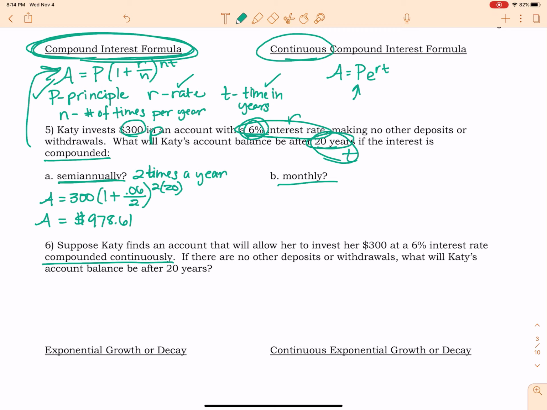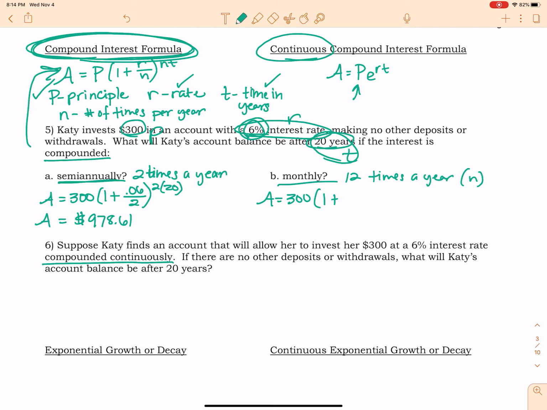All right. If it's monthly, there are 12 months in a year, so this is going to be 12 times a year. This is the N. I'm still dealing with the same information otherwise. The principal is 300.